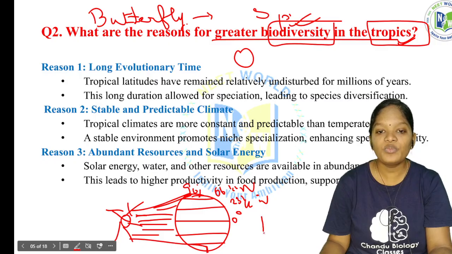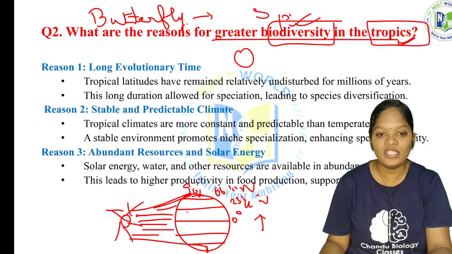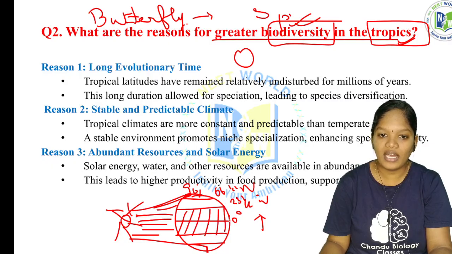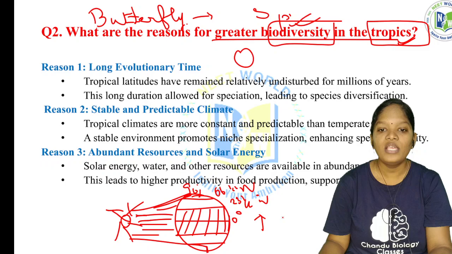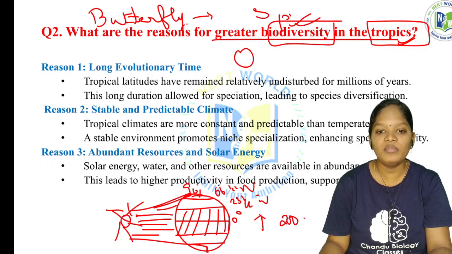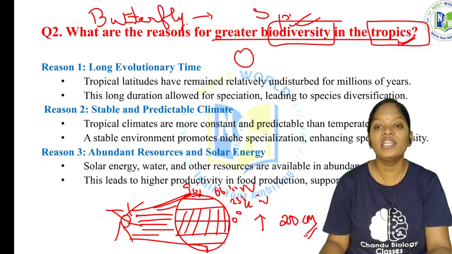As the sun's rays are strongest at the equator, in the tropical region the summer is greater, and the rainy season is also higher. Approximately 200 centimeters of rainfall is seen in the tropical rainforest.